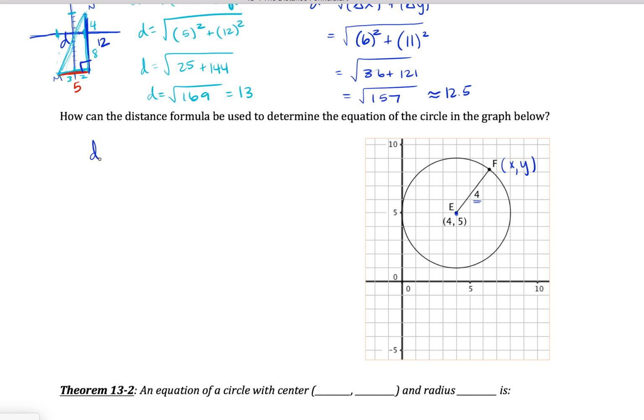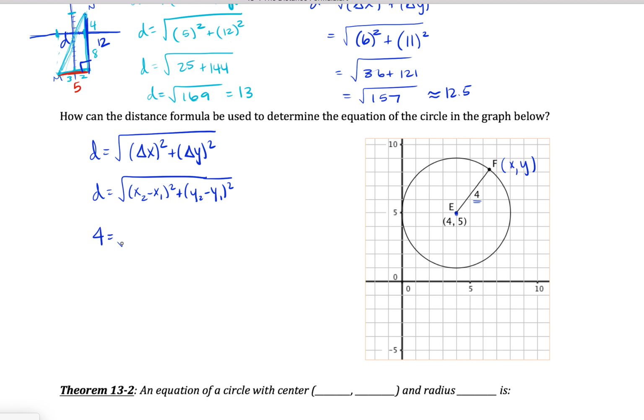Well, if you think about the distance formula being the square root of the change in x squared plus the change in y squared, or another way of thinking of it is it's the square root of x2 minus x1 squared plus y2 minus y1 squared. And if we start thinking about the fact that these are all 4 units, so there's a distance of 4 for this point x away from this point 4, 5.